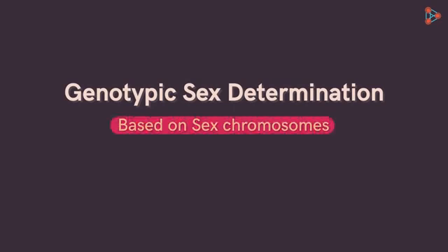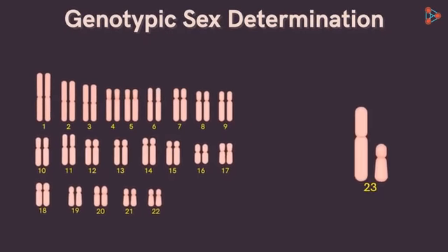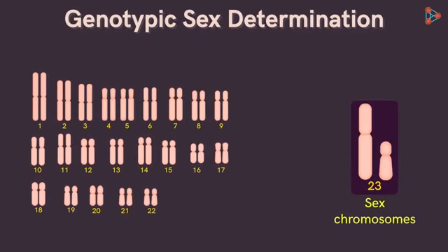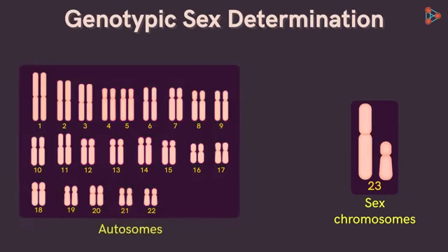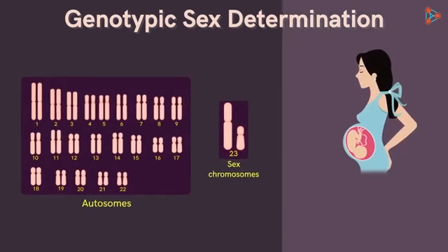We know what sex chromosomes are. In humans, for example, the last pair is the sex chromosomes, while the first 22 pairs are called autosomes. Similarly, in many other organisms, the sex chromosomes help to decide the sex of an individual. Let's take an example of mammals.